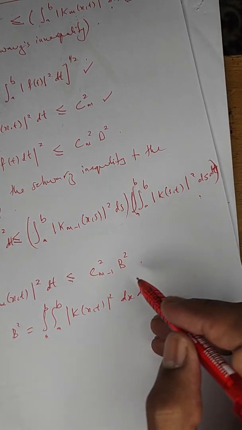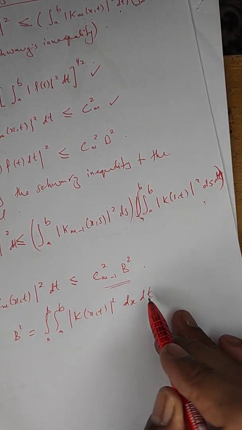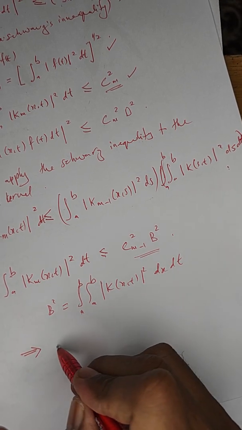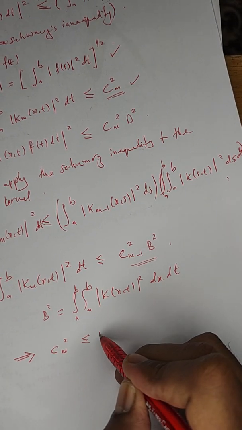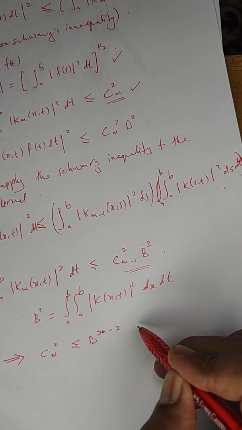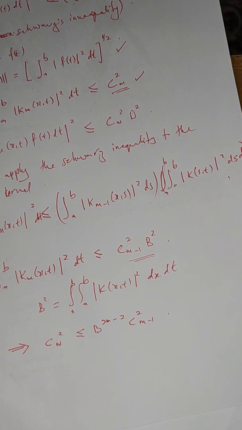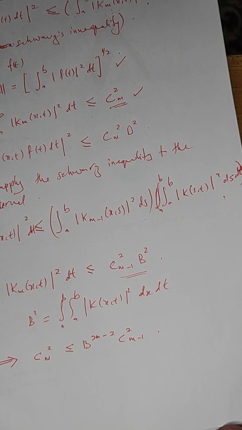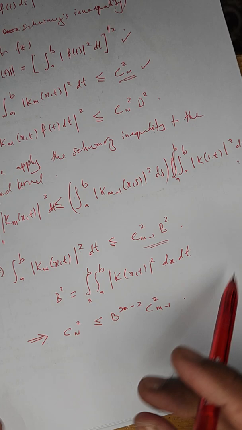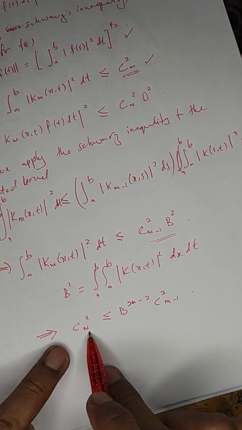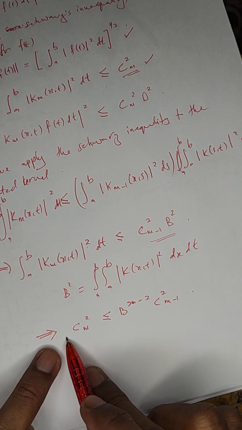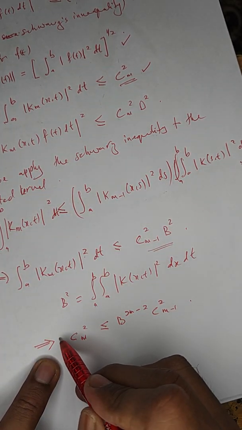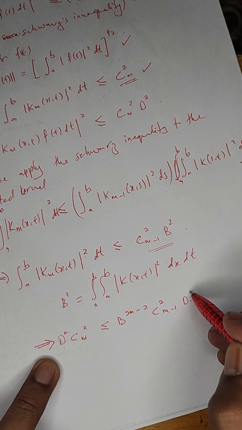From that relation as well as this relation, we obtain that c_m squared is less than b^(2m-2) c_{m-1} squared. If we multiply this by d squared, for example, then I also need to multiply the other side by d squared.